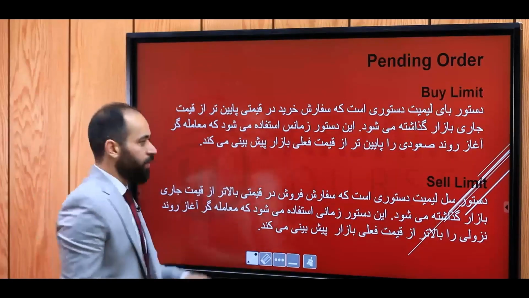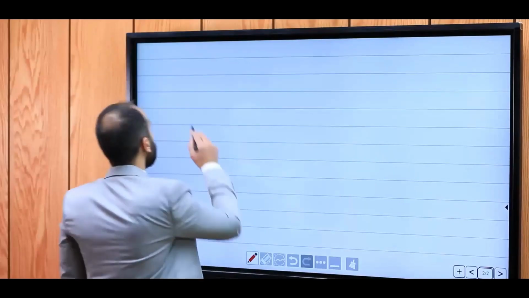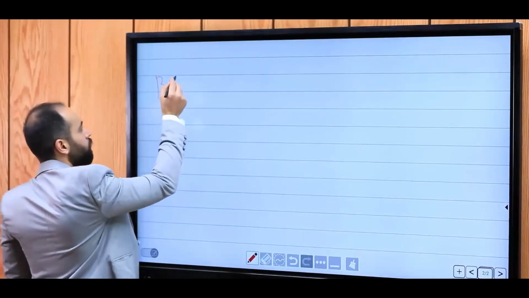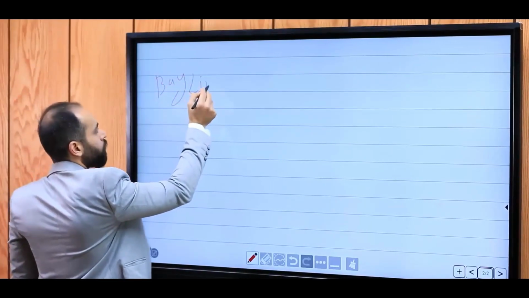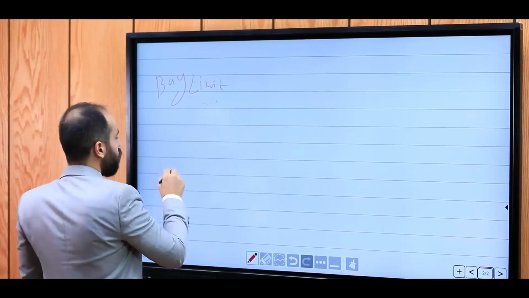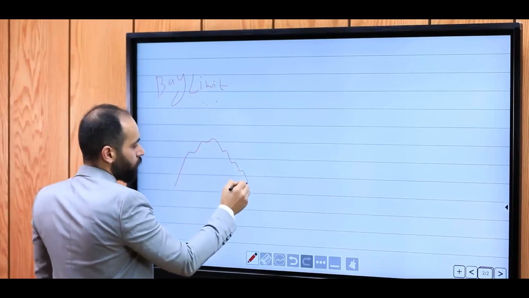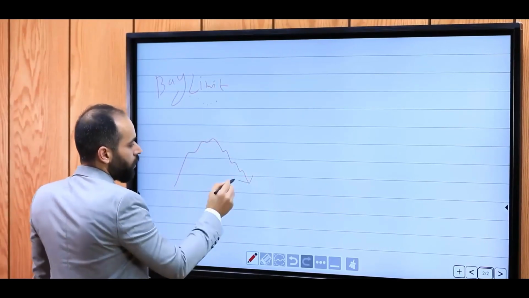What does that mean? It means that we want to talk about buy limit, right? A buy limit works like this. Imagine the chart is right here and it is steadily coming down. It is moving down, right? The chart is coming down, guys, okay?